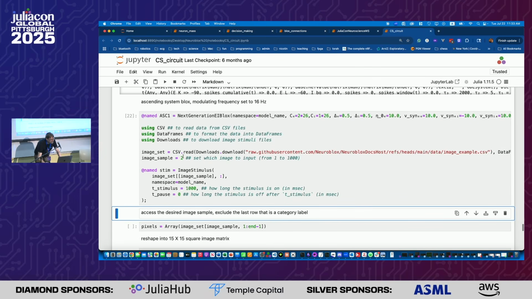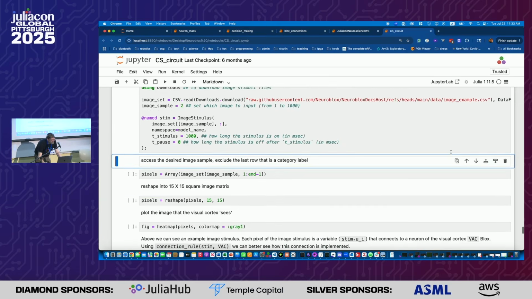We then take the images. So this is an image example that we were actually using. We show the same dot patterns as in the macaque experiments. These are images that randomly have two categories, and we have the categories stored also, so we can tell whether the decision was correct or incorrect.